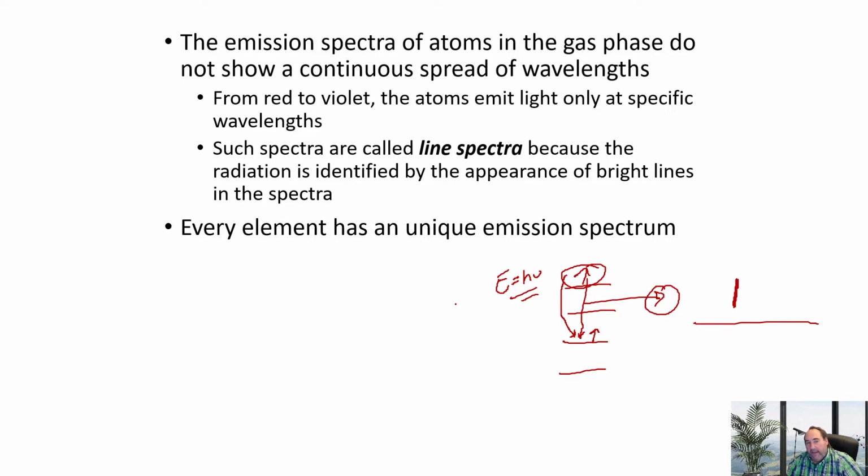Every element has such a unique line spectrum that you can actually identify it. For example, if you have an unknown, you can identify what atom or element you're dealing with based on the colors of the lines that you see, the wavelengths that they come off at.